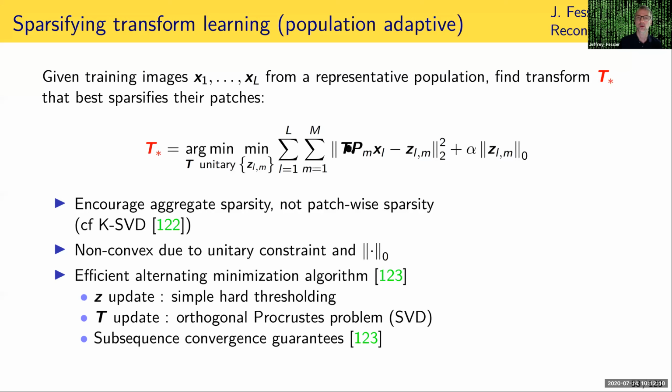You've got a collection of vectors, you group them together, and you can solve that problem using a simple singular value decomposition. And it's not a big SVD, it's an SVD of the size of your transform. So if our transform here is 64 by 64, then you only need to do an eigen decomposition of a 64 by 64 matrix.